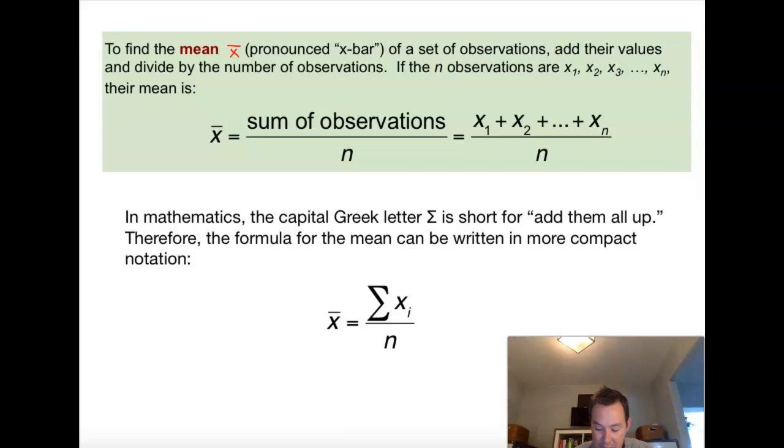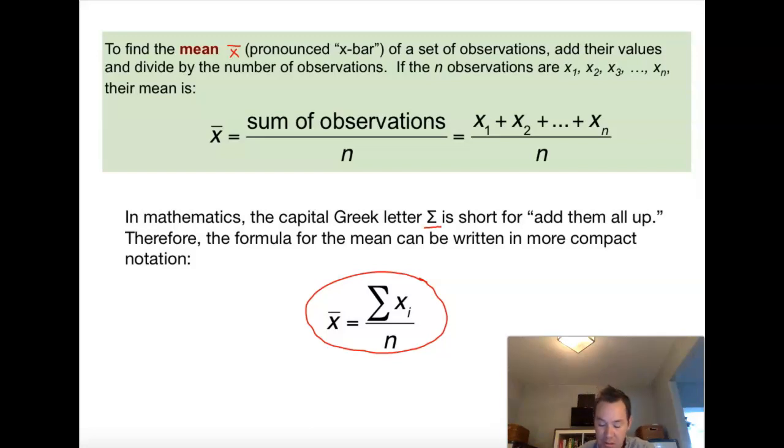And some more notation. In math, the Greek letter capital sigma is short for add them all up. So one way you'll see this formula written is like this. You do get a big formula packet for AP statistics that you use on the exam, and so it'll have this formula in it. You just have to get used to some of the new notations.